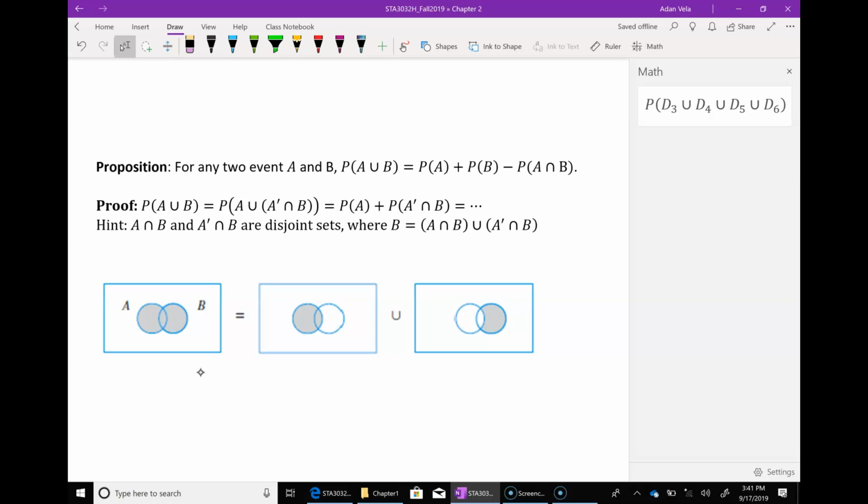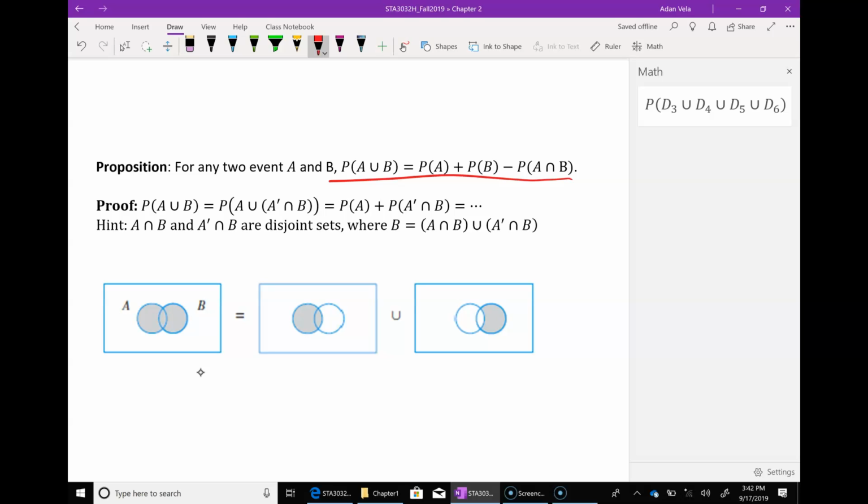Okay. So this is probably the funnest one, I think, in terms of probability rules that comes up over and over again. It's this equation here, which basically says the probability of A or B is equal to the individual probability summed minus whatever they have in common, right?